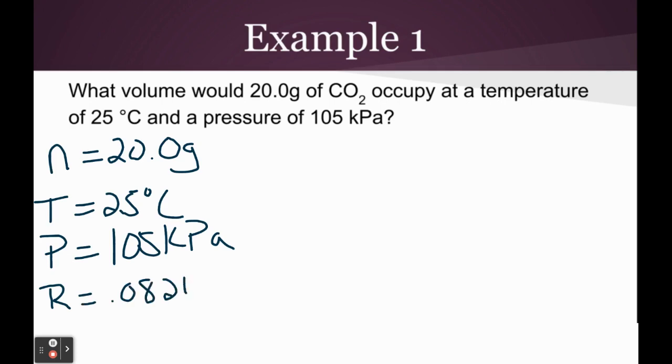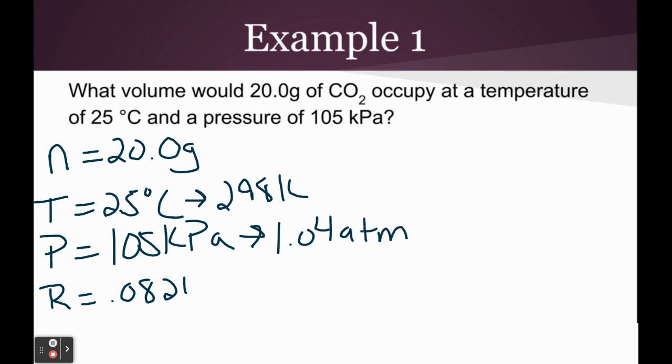So the first thing we need to do is make sure that all of our variables are in their correct units. So we know temperature always needs to be in Kelvin for our gas law problems. So you need to add 273, so we get 298 Kelvin. Kilopascals, you'll need to convert to atm, so when you do that, you get 1.04 atm.